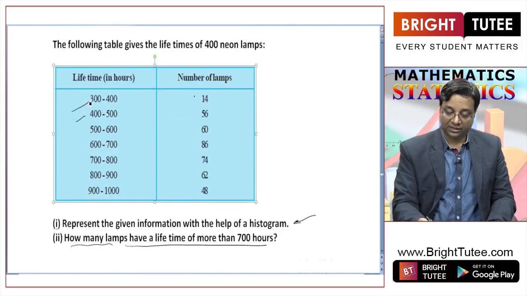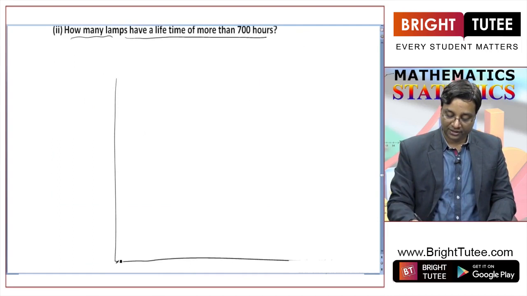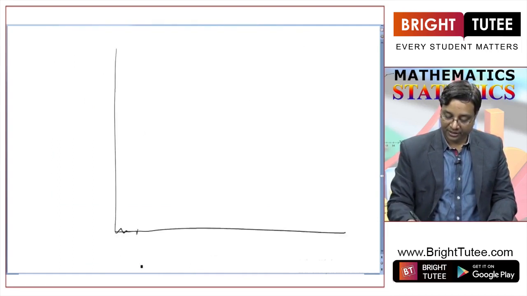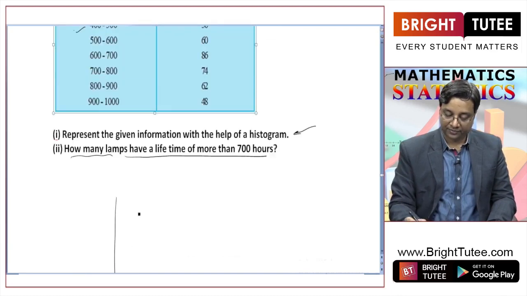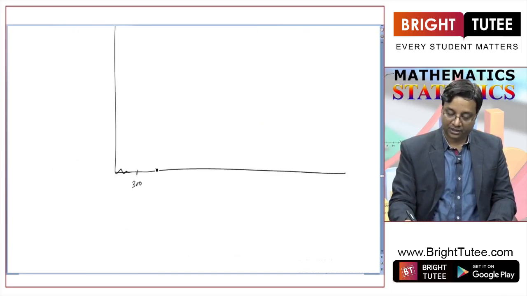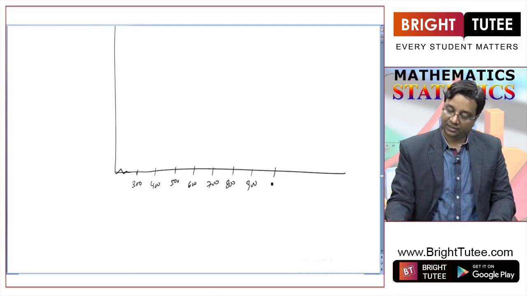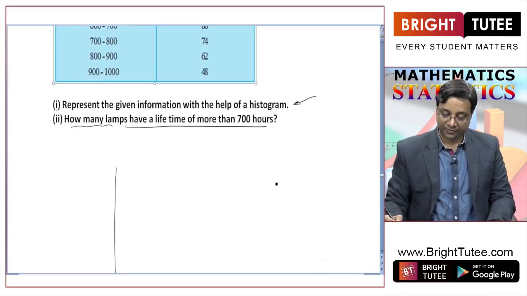On the horizontal axis, I'll start from 300. So let me draw this kink here. Let it be 300, and then 400, 500, 600, 800, 900 and 1000.